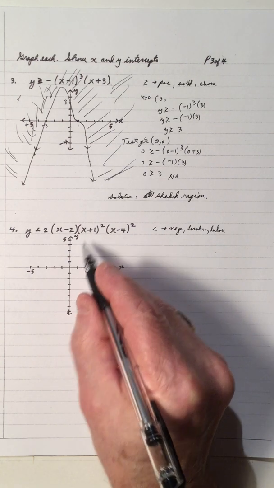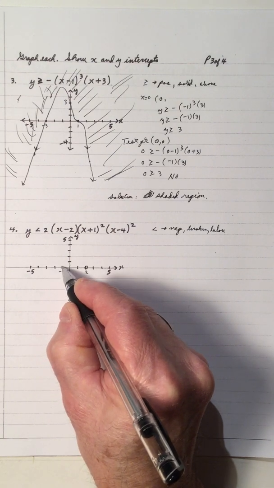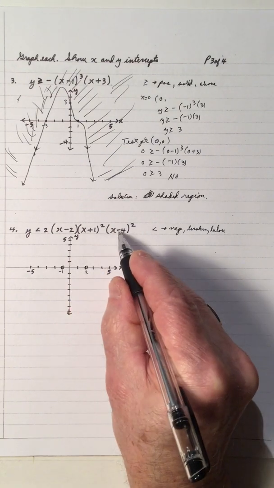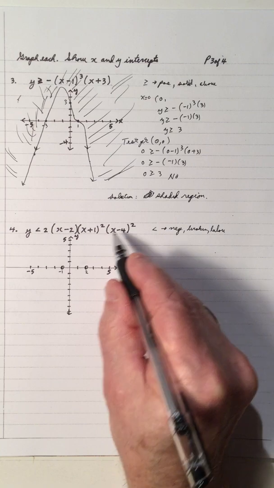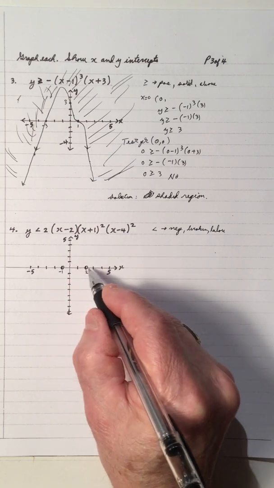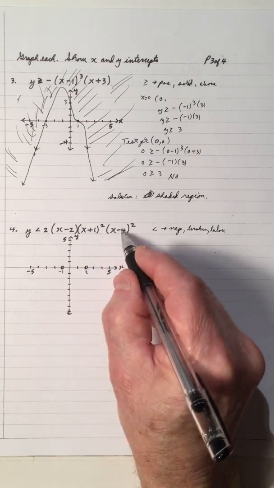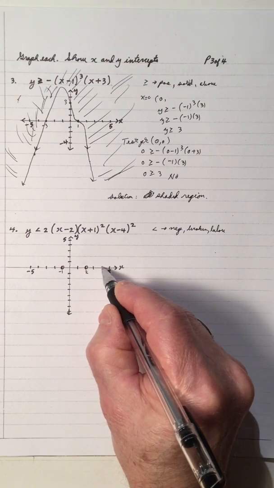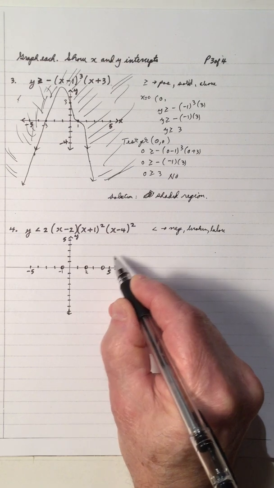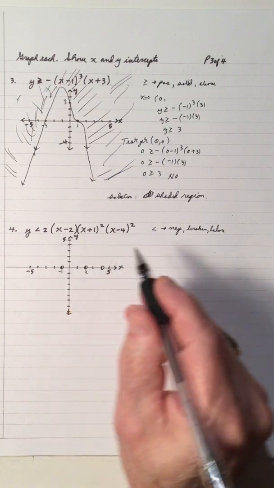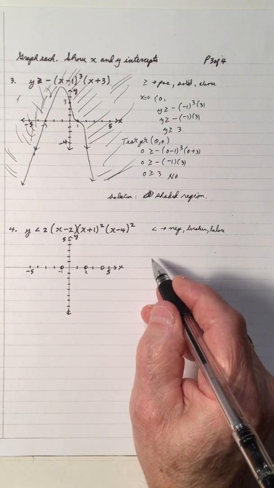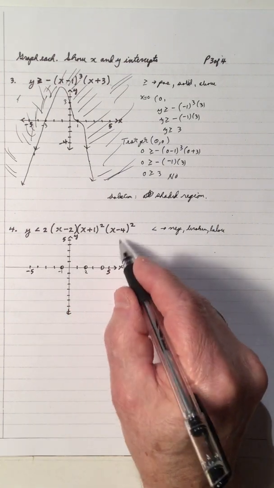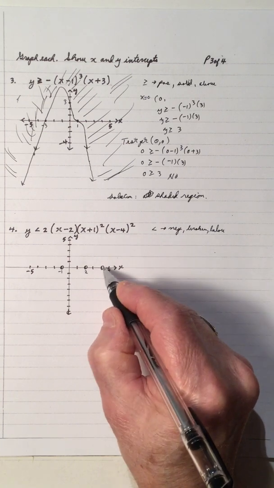X is negative 1 right here, but is not included. X is 4, so that's 2, which is here, negative 1 here, and 4, which is right here. So it's broken. So here we go. The furthest x-intercept on the right is 4.